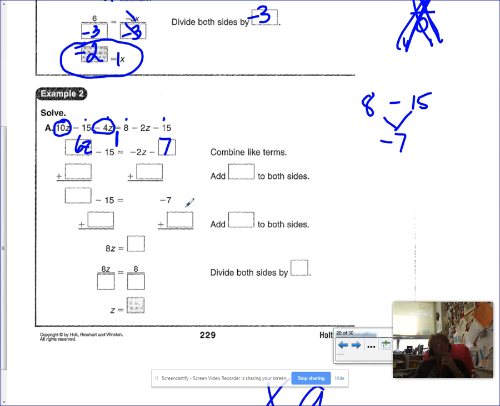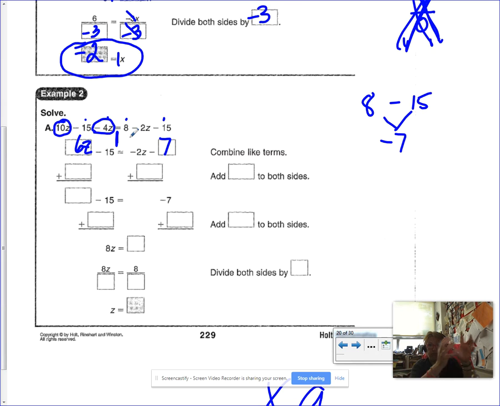Now, I have a variable term on this side and a variable term on this side. You can decide either one to basically annihilate with algebra.